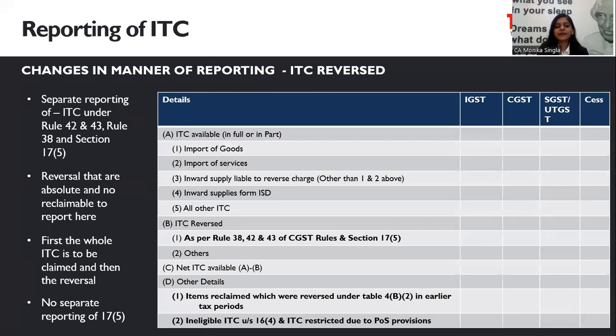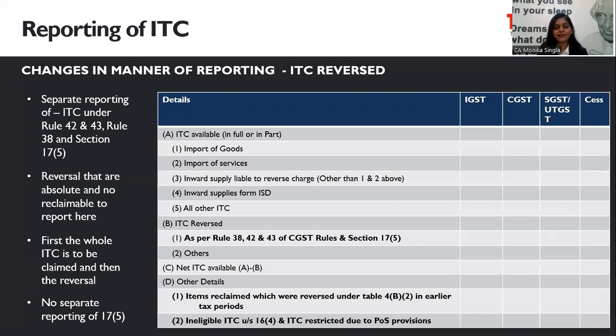Now, regarding 4B1 and 4B2, the government has specifically clarified that 4B1 will contain the reversals that are absolute and not reclaimable, and 4B2 will contain the reversals that are reclaimable upon fulfillment of certain conditions.